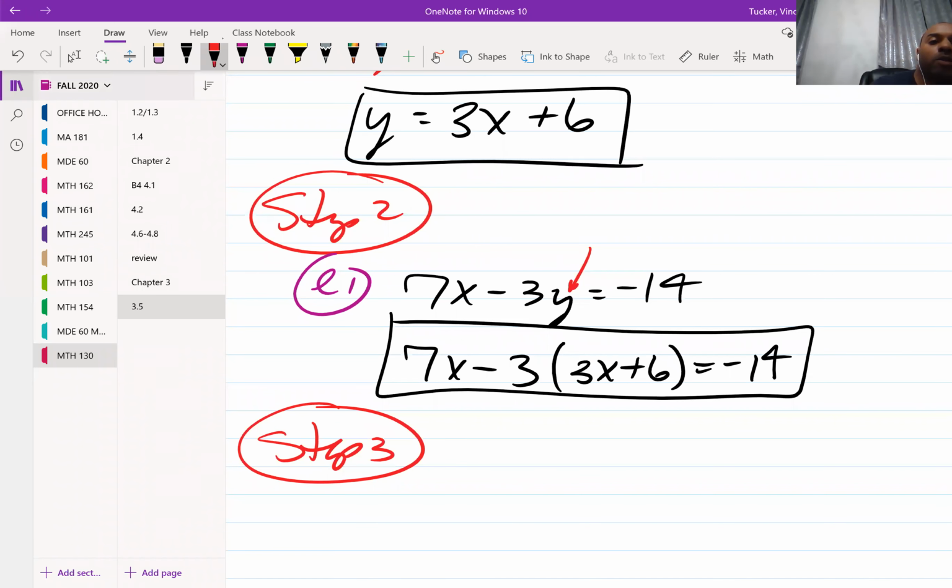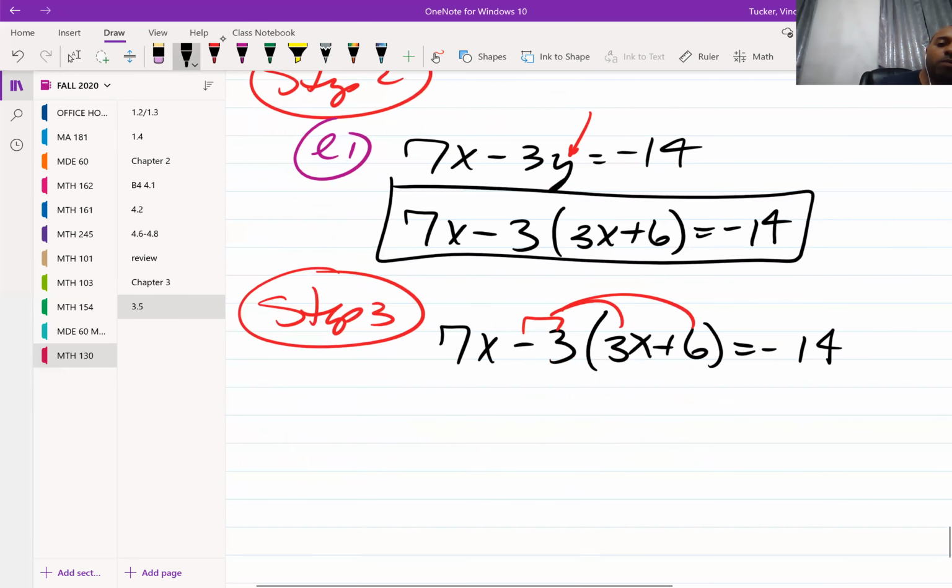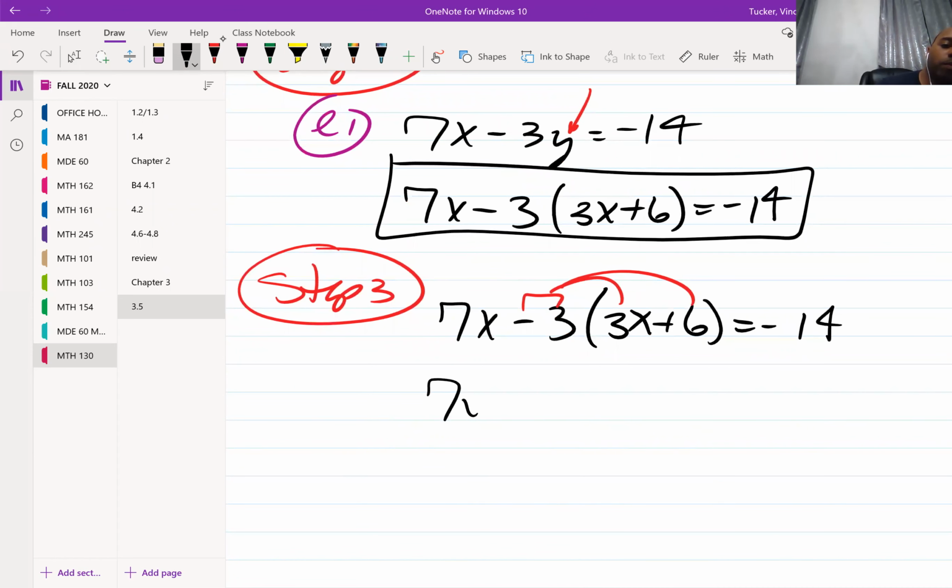All right. So now we're going to solve that for x. Distribute that negative 3. Combine the like terms.